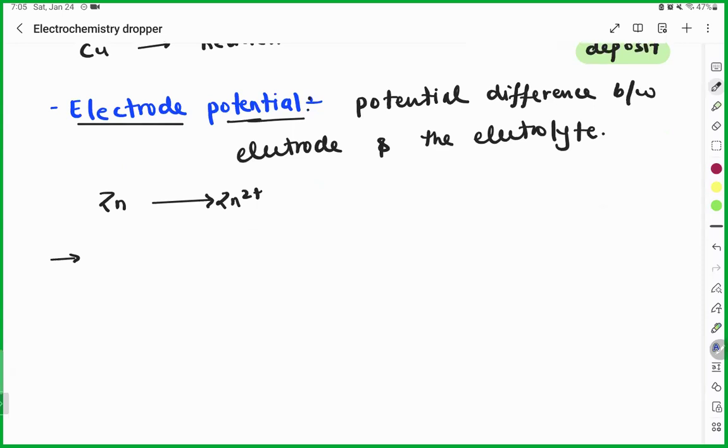Do we take reduction potential as the standard, or oxidation potential? We will use reduction potential only, mostly, throughout the chapter. You will focus only on the reduction potential.